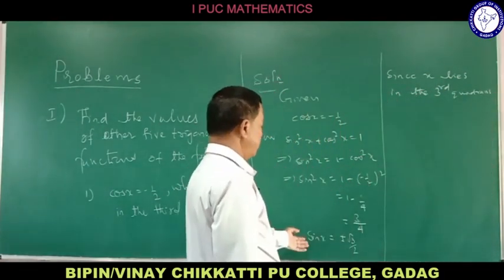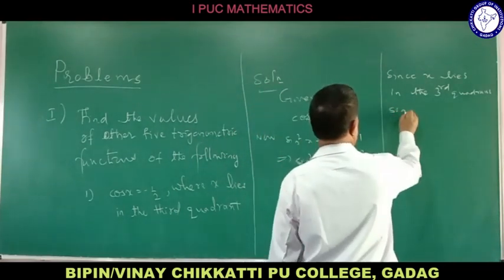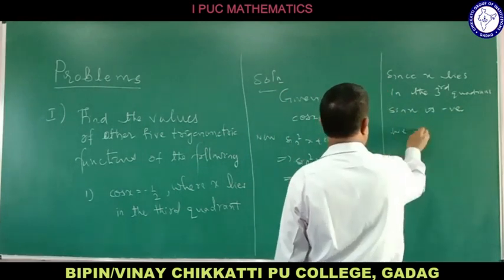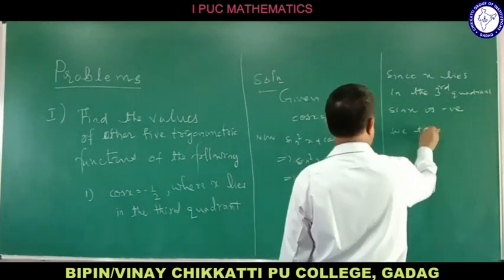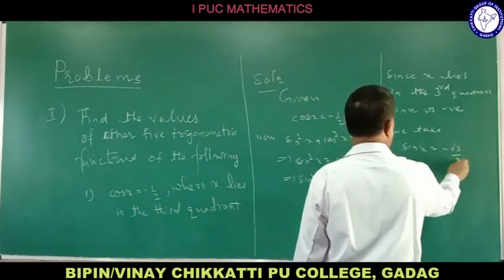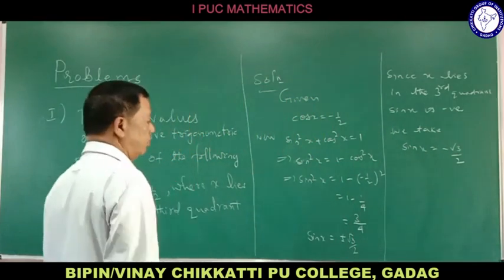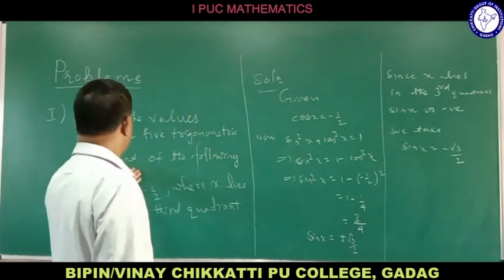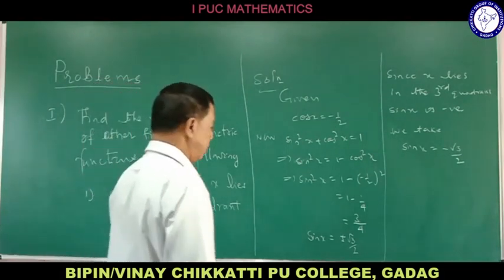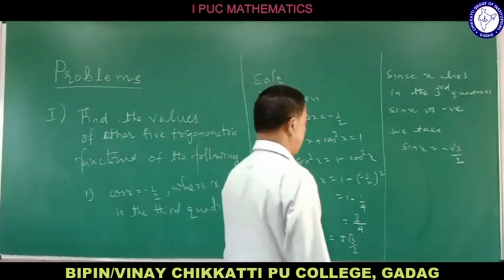In the 3rd quadrant sin x is negative. Therefore we take sin x is equal to minus root 3 by 2. Why do you have to take sin x is equal to minus root 3 by 2? Because the condition is given, x lies in the 3rd quadrant. In the 3rd quadrant, only tan and cot are positive, the remaining all are negative.